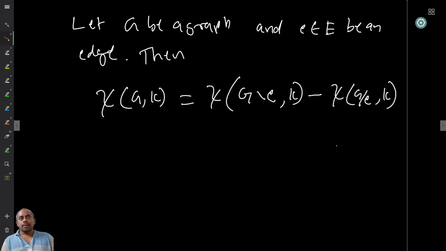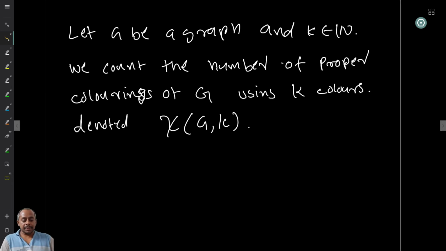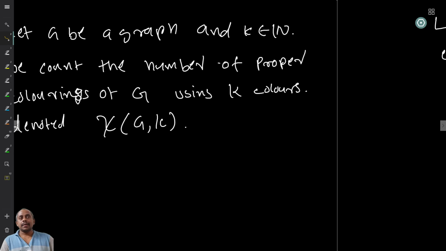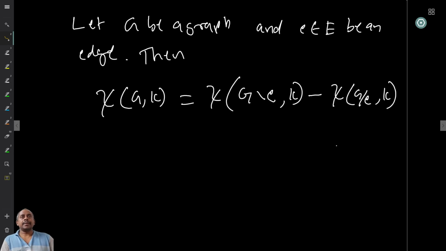Now, my claim is that this parameter chi of G comma k satisfies the following identity. Given a graph G and any edge e in the graph, we will assume that all our graphs are simple for the time being. Even otherwise, many of these things hold, but we will not work with that assumption.